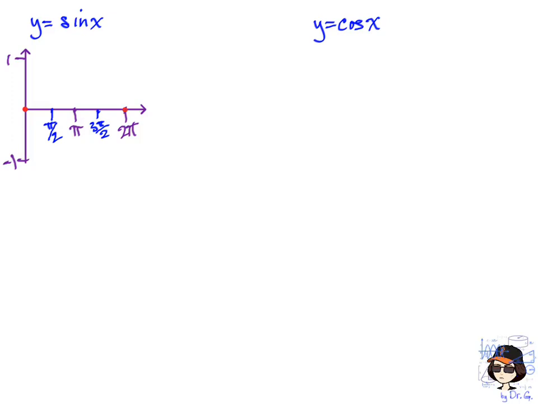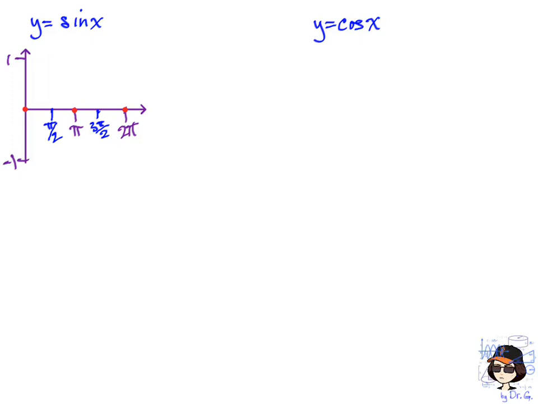So we can plot the ending point. 2 pi has the same y-coordinate, 0. And then remember that the sine curve actually has one more x-intercept in that cycle. The x-intercept is the midpoint between these two. So at pi, sine of pi is also 0. So at pi, we cross the x-axis.